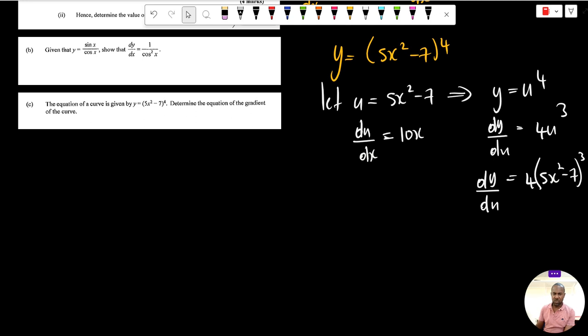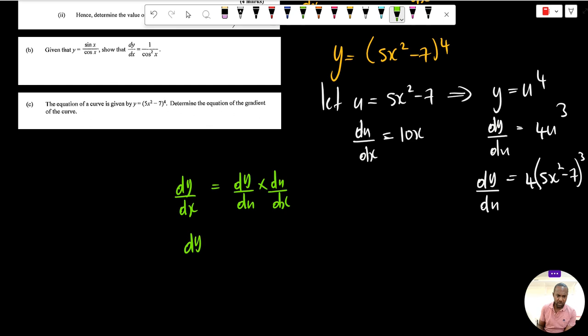And having done that, according to the chain rule, dy by dx is equal to dy by du times du by dx.